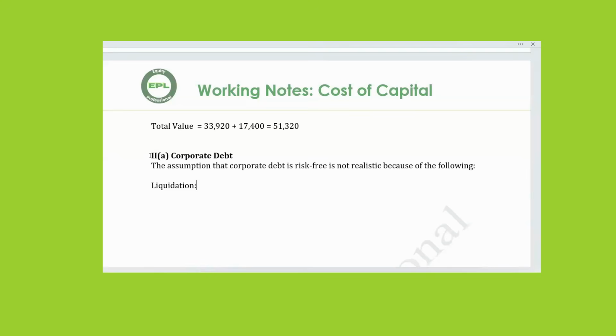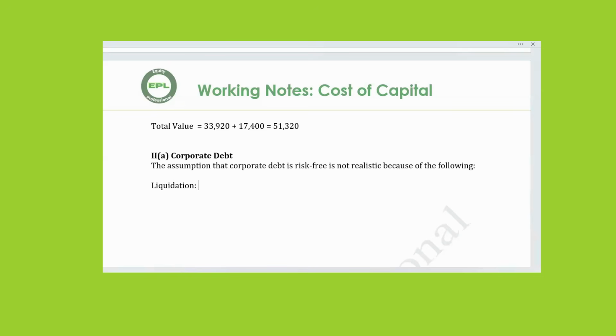On that note, we cannot say corporate debt is risk-free, because once a company liquidates, there's nothing you can do. You can't use the shareholders' private assets to cover the debt. That's not possible because every business you run as a limited liability company means that the liability of the owners is limited to the capital contributed. So you cannot use the private assets of the shareholders to offset the liability. On that note, you cannot say corporate debt is risk-free.